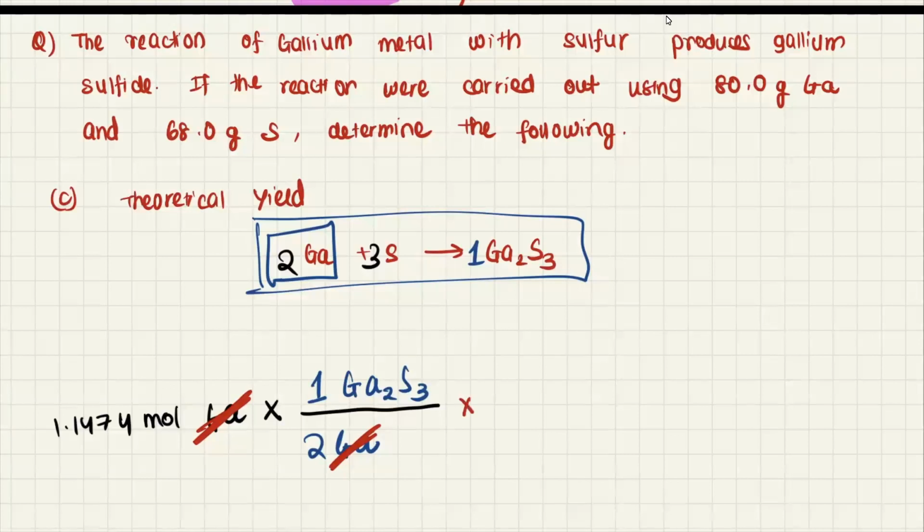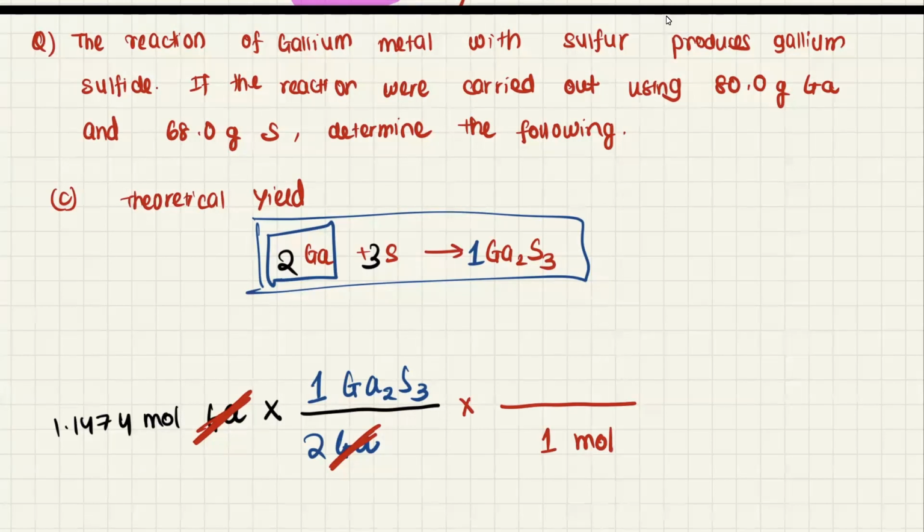But we want it in gram. So because we want it in gram, we are going to try to cancel the mole. Because the mole is on the top here, we're going to put it on the bottom. So 1 mole on the bottom. And on the top, we're going to write down the molar mass of gallium sulfide, Ga2S3. So you need to check your periodic table for this.